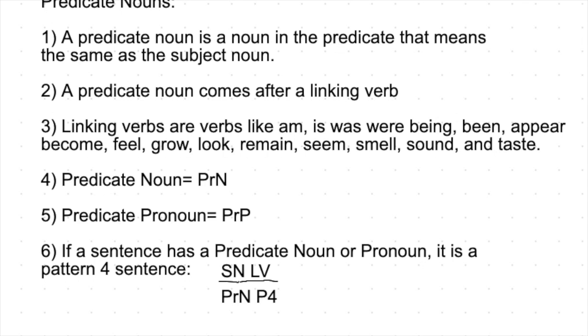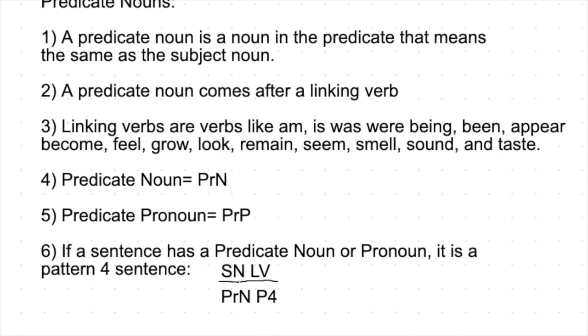Linking verbs are verbs like am, is, was, were, being, been, appear, become, feel, grow, look, remain, seem, smell, sound, and taste. They link, that's why they're called linking verbs, they link the subject noun to the predicate noun. They tell us what the subject noun is. They don't show a state of action. They show a state of being.